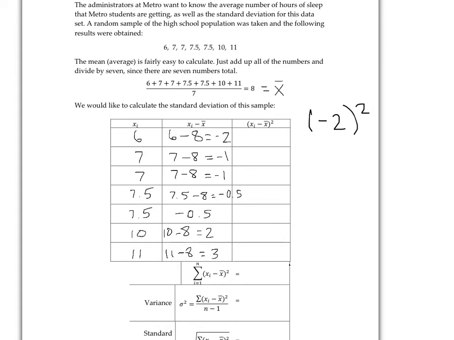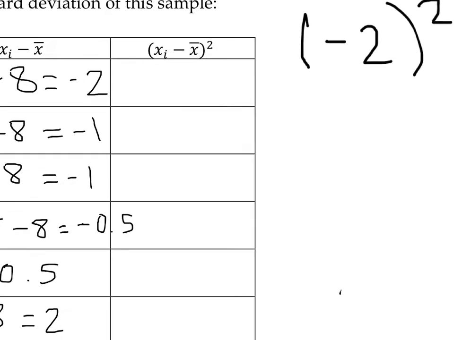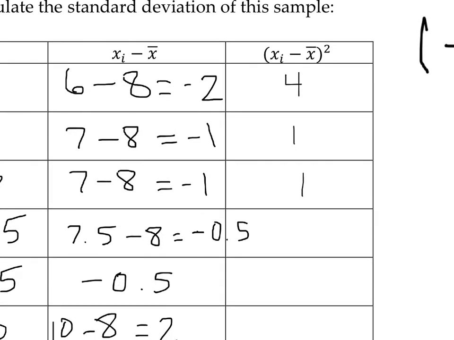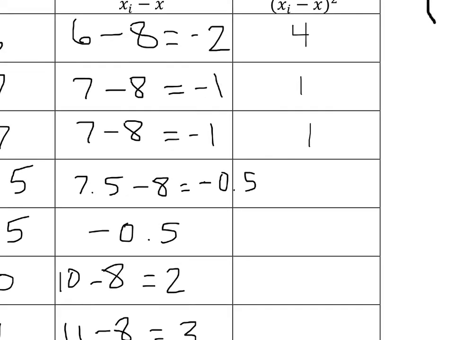You should get a positive number, so this will be 4. -1 times -1 is going to be 1. -1 times -1 is going to be 1. Negative 0.5, or -1/2, squared will be 0.25. This will also be 0.25.